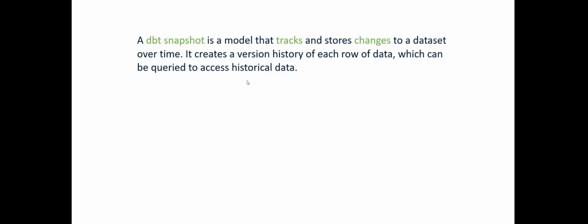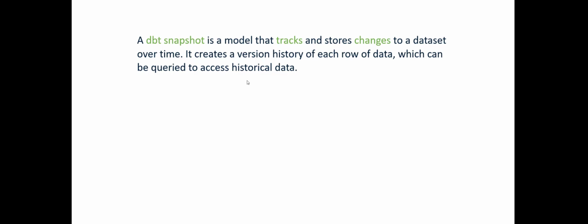Suppose you have an employee table and you want to understand whenever there is a change on any particular column, and you want to keep the history of all the records. This is why DBT snapshot helps you implement that, and one of the most popular techniques to do that is the SCD type 2 operation.